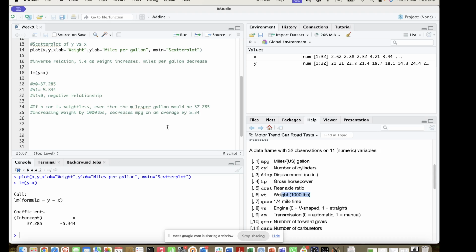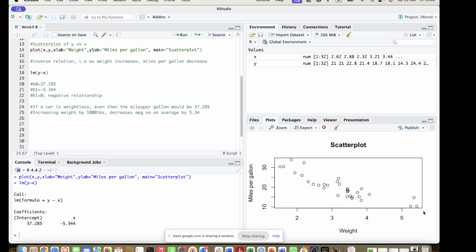Now that we have these regression coefficients, let us try to fit this line and see how well it fits the data.